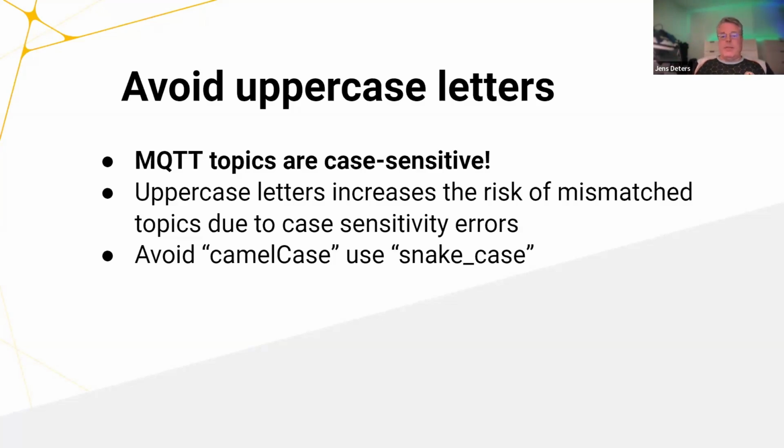Please have in mind that MQTT topics are case sensitive. Therefore, it's really easy to introduce a typo when you're using uppercase letters. So always lowercase as a normalization. That is a good approach.